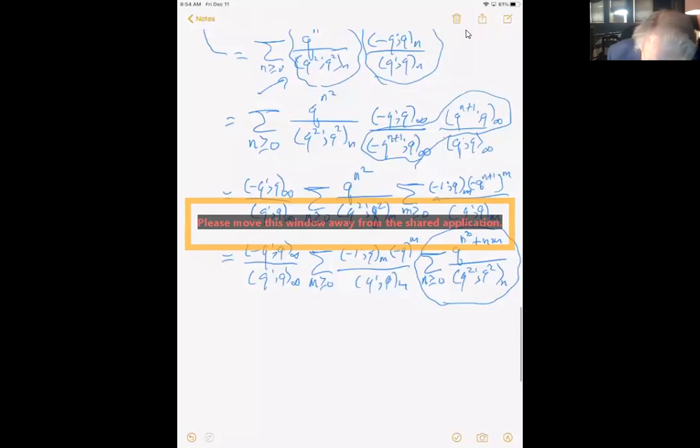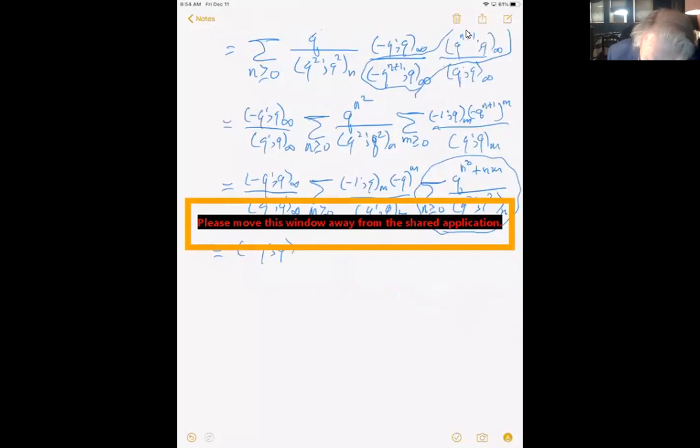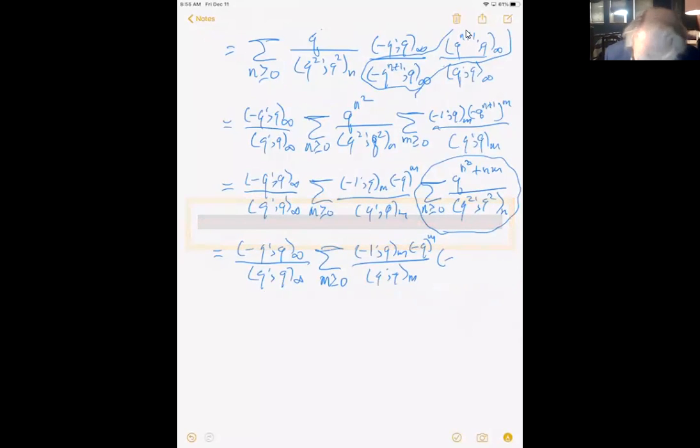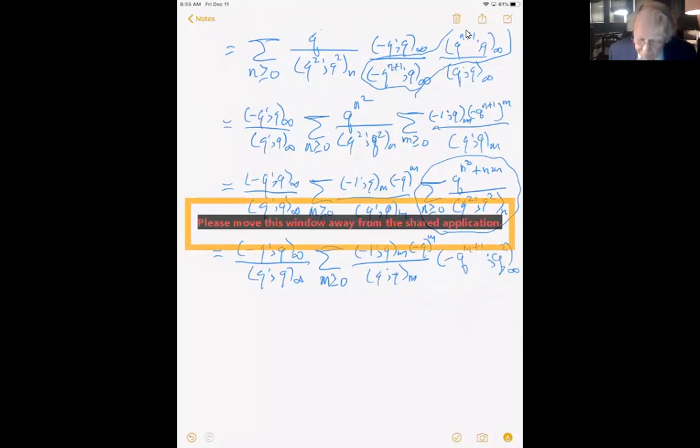And so minus q infinity divided by q infinity, summation m greater than or equal to 0 of minus 1 q sub m, minus q to the m and q sub m. And this will be minus q to the m plus 1 semicolon q squared infinity.